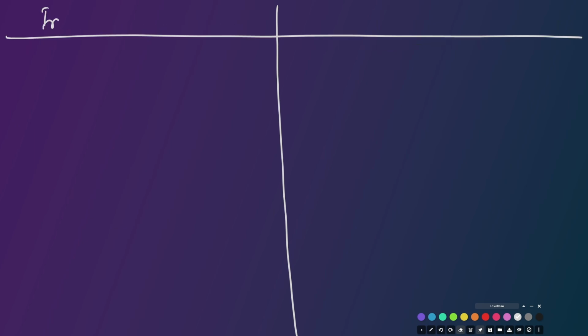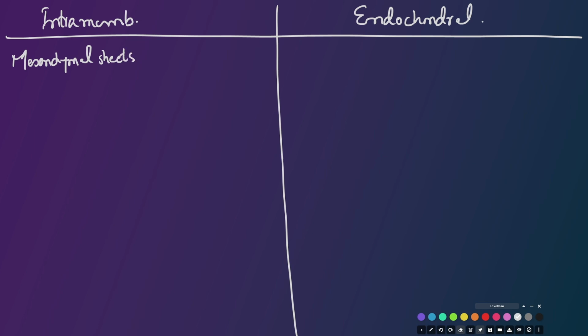So we will discuss intramembranous ossification and endochondral ossification. In intramembranous ossification, mesenchyme is condensed into mesenchymal sheets, and these mesenchymal sheets are directly transformed into bone.